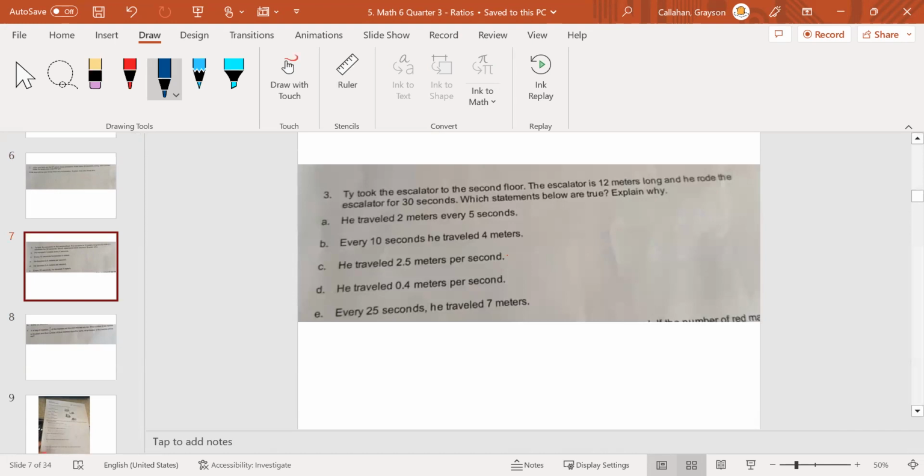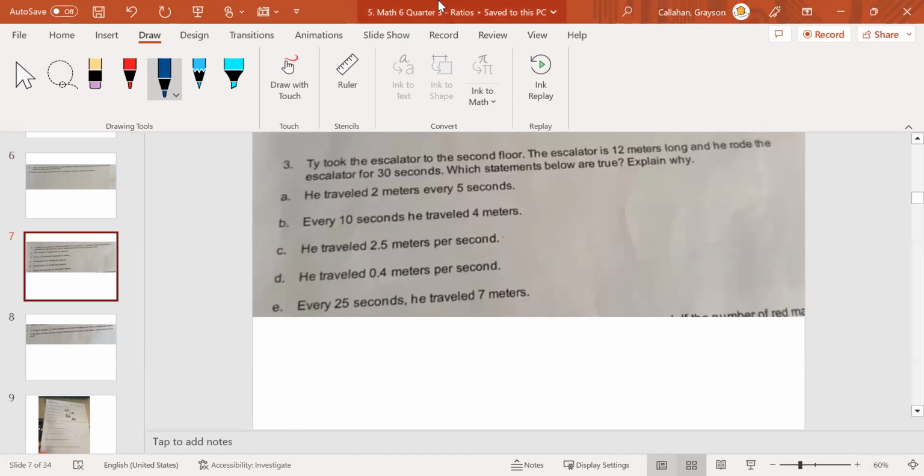Number 3. All right, so looking at this right here, it says tied to the escalator, which is the second floor. The escalator is 12 meters long, and he rode this escalator for 30 seconds. Which statement below is true? Explain why. So the escalator is 12 meters long, and he rode the escalator for 30 seconds.